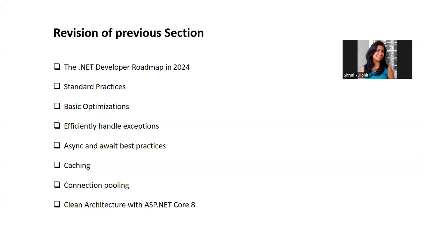Next, standard practices, some basic optimization techniques we have learned, we mentioned in those videos. Next one is efficiently handling exceptions, then async await best practices, caching, connection pooling, and clean architecture with ASP.NET Core 8.